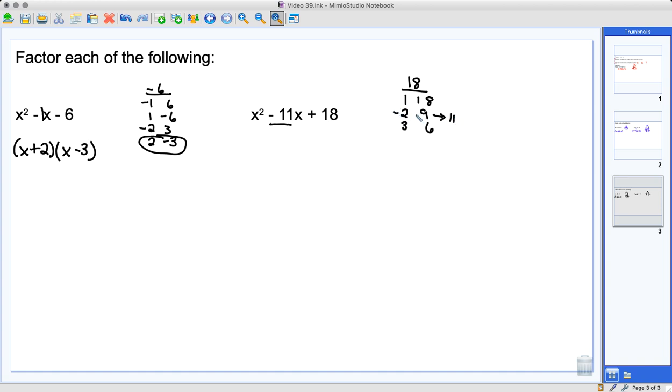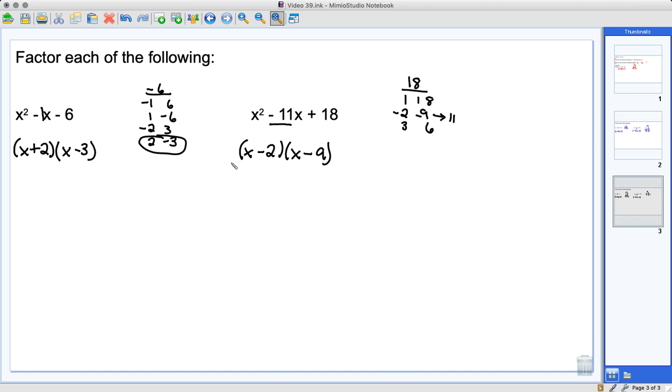So I can make them both negative, because negative 2 plus negative 9 would be negative 11, and negative 2 times negative 9 is still our positive 18. So then you get x minus 2 times x minus 9.